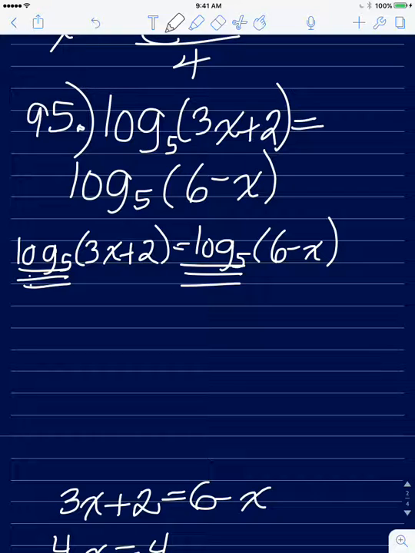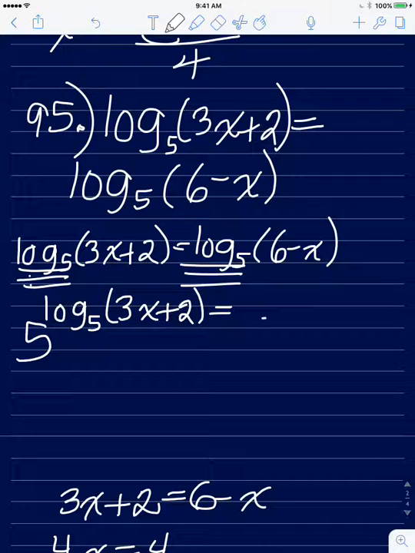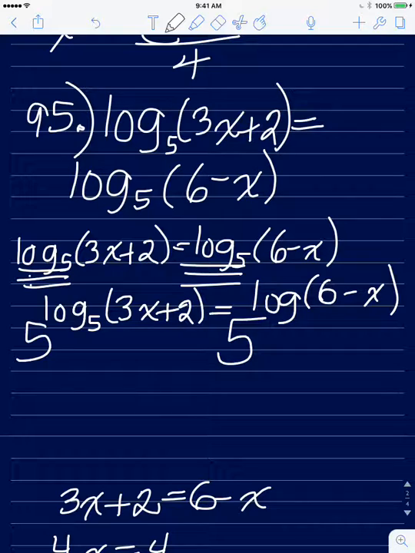If I wanted to, I could exponentiate: 5 raised to the log base 5 of 3x plus 2 equals 5 raised to the log base 5 of 6 minus x. And 5 raised to the log base 5, well, that cancels out. So we're back to this step right here.